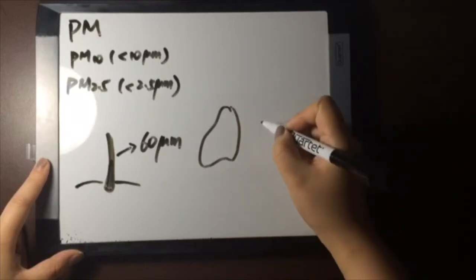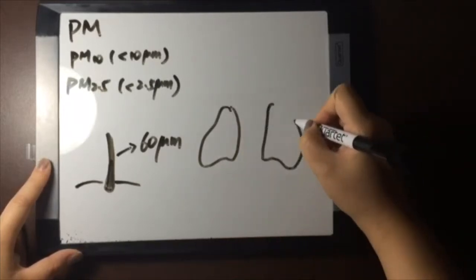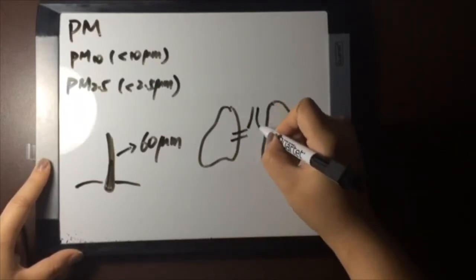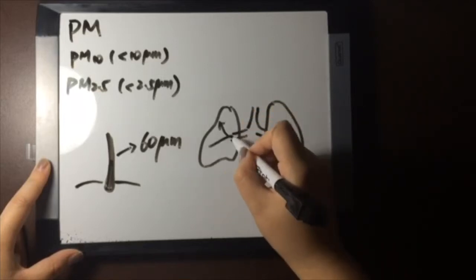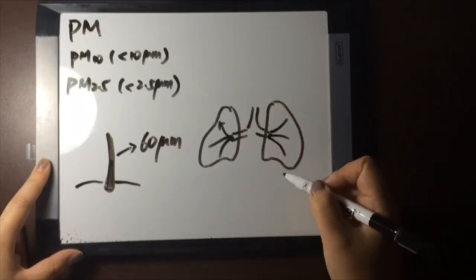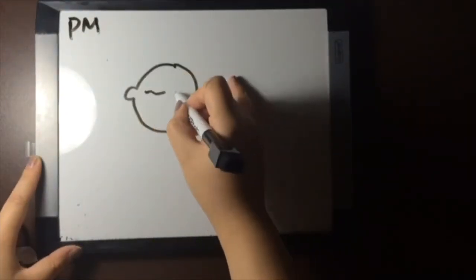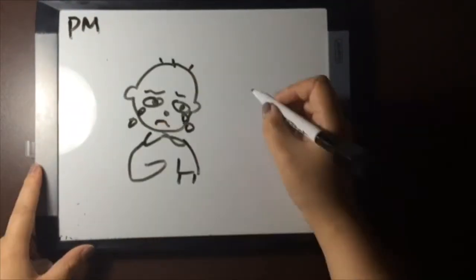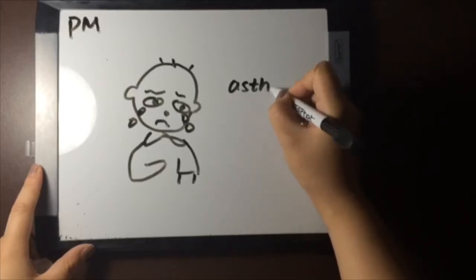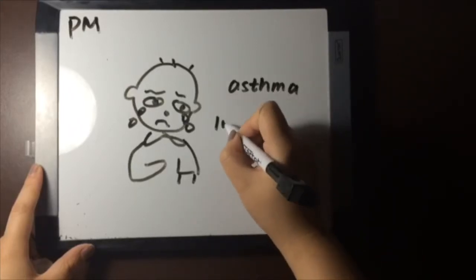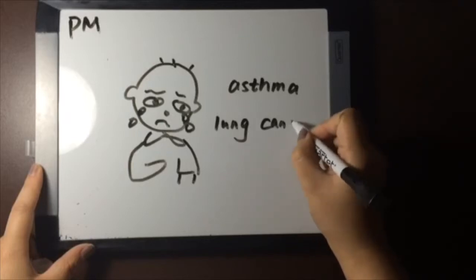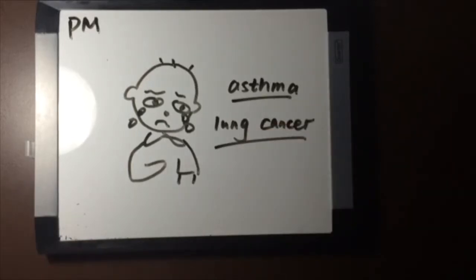When these particles are small enough, they may have a chance to get into the human respiratory system and get deep into the lung. And after chronic exposure to these particles, it increases the risk for cardiovascular and respiratory diseases, such as asthma and cancer.